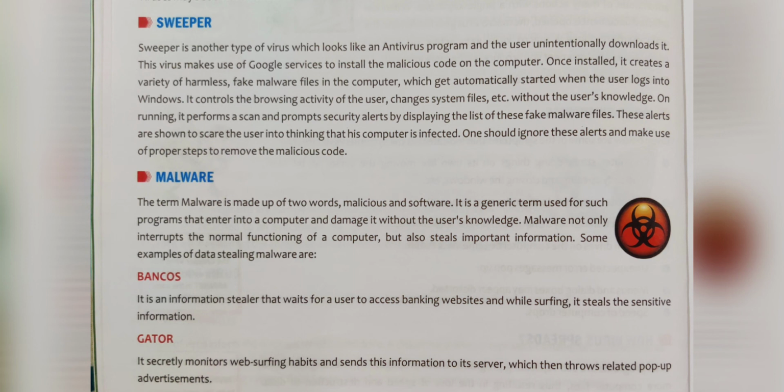It is a generic term used for programs that enter into a computer and damage it without the user's knowledge. Malware not only interrupts the normal function of the computer, but also steals important information of the user.